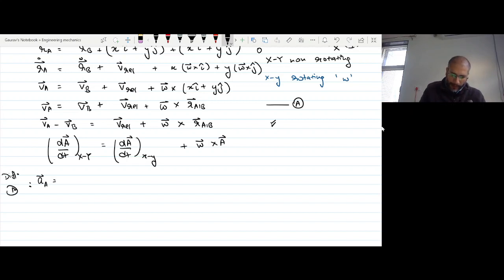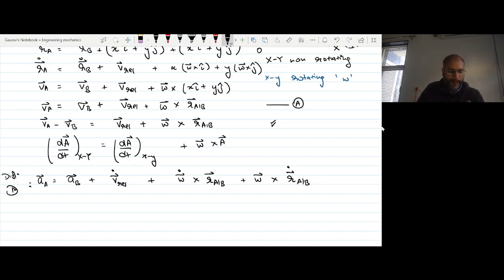We get acceleration of A is acceleration of B plus, now we have a V relative, so the time derivative of that, and then we also have omega cross RAB. When we differentiate that with respect to time, we get two terms. The first one is omega dot cross RAB, and the second one is omega cross RAB dot.